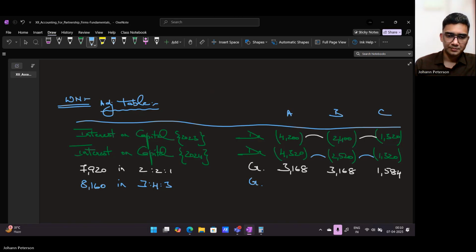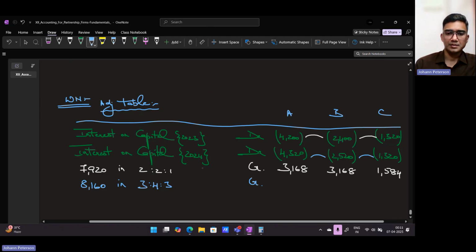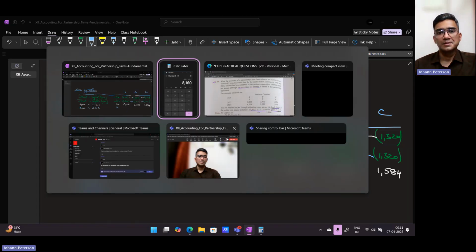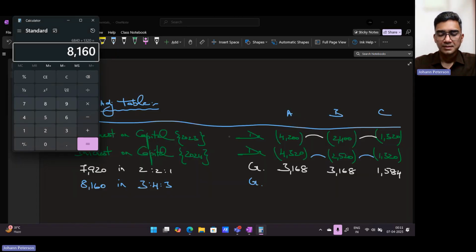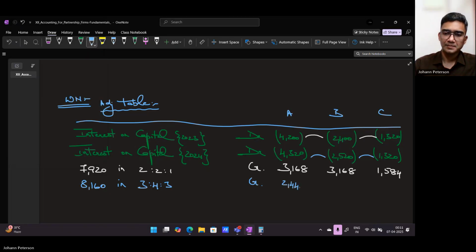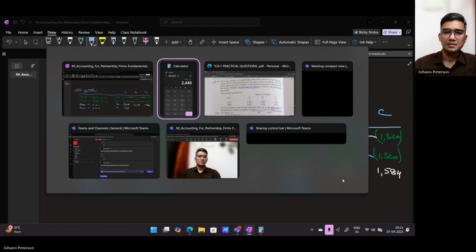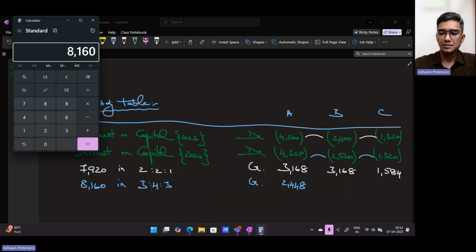So 8160 into 3 divided by 10, which is 2448. 8160 into 4 divided by 10, 3264.